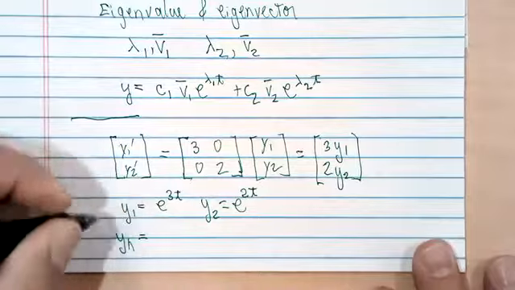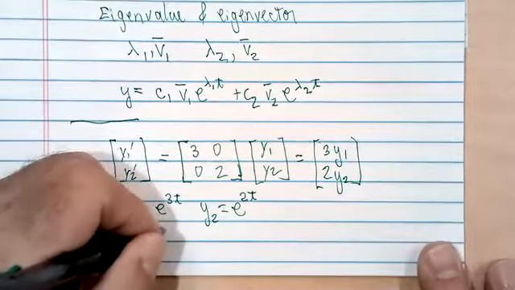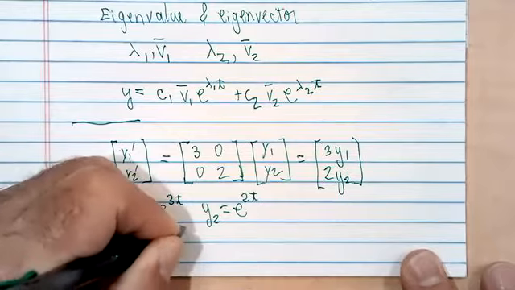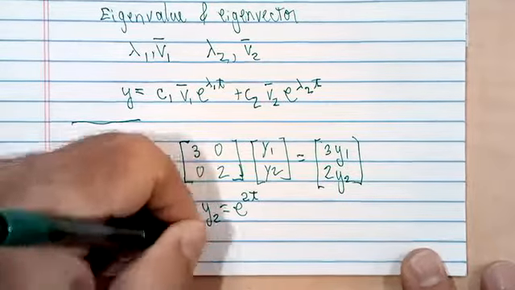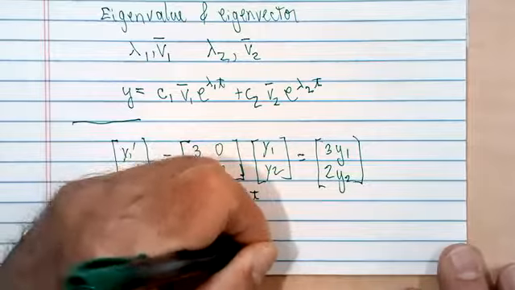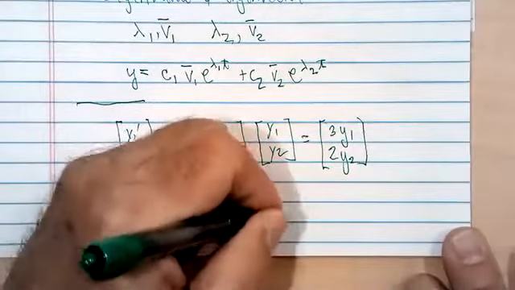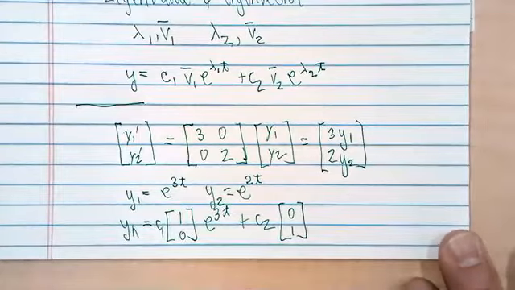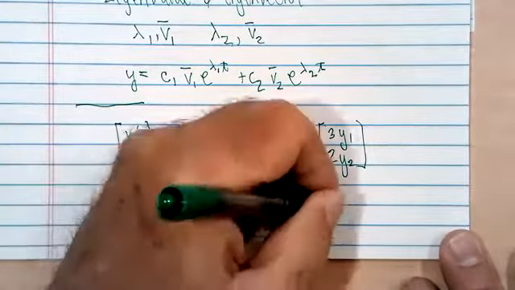YH is equal to a certain vector, in this case, this one, C1 e to the 3t plus C2 times a certain vector, the eigenvector in this case would be that one, times e to the 2t.